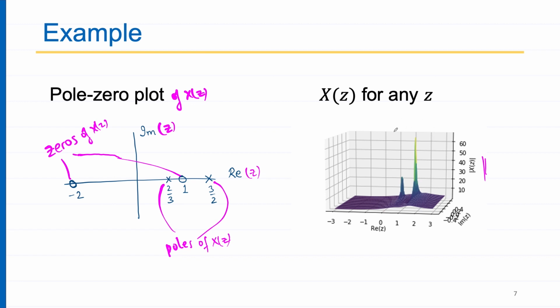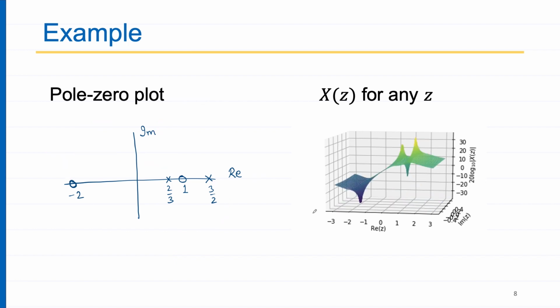I know this plot is not very clear. If you want to see a clearer form, you should not be plotting the mod of X(z), rather you should be plotting the log of the mod of X(z). So this is how it will look like, 20 log to the base 10 of mod X(z). I have used 20 log so that this can be represented in decibel units, and then the plot looks much cleaner.